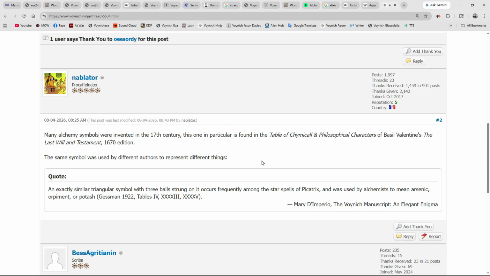The same symbol is used by different authors to represent different things. An exact similar triangular symbol with 3 balls strung on it occurs frequently among alchemists, used to mean arsenic, opium, potash. Gerb Guessman, 1922. Mary D'Imperio, The Voynich Manuscript: An Elegant Enigma.